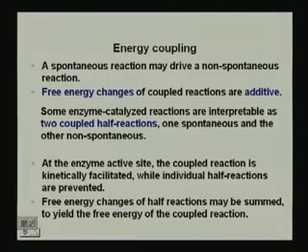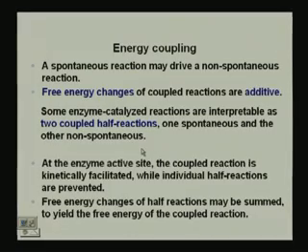In the coupling, the non-spontaneous reaction will then be able to form its product, which will then go on to the specific steps of glycolysis, as we will see in the specific example of glucose forming glucose 6-phosphate. Since the free energy changes of coupled reactions are additive, we have two coupled half reactions where one of them is spontaneous and the other is non-spontaneous.